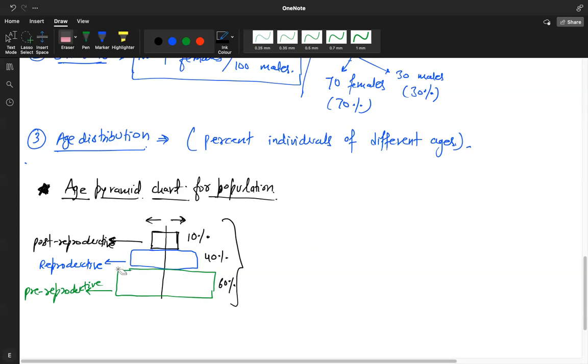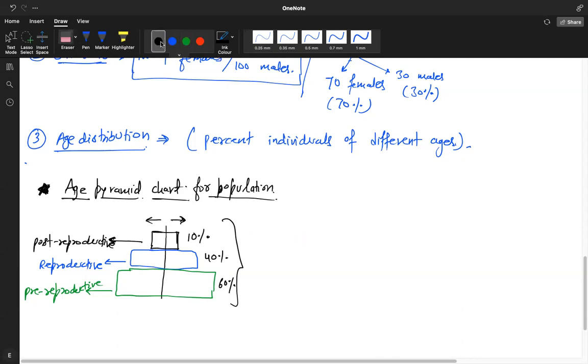We don't factor in just the reproductive component, but also the pre-reproductive, because they are going to get into the reproductive phase later on, and they are more than the reproductive. So as long as it looks like a real pyramid, where the base is the widest, it is going to be an expanding population, okay?